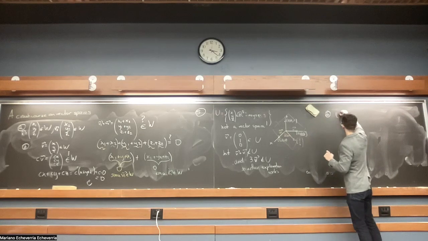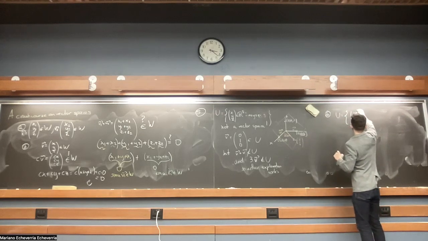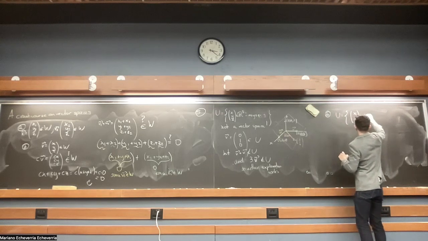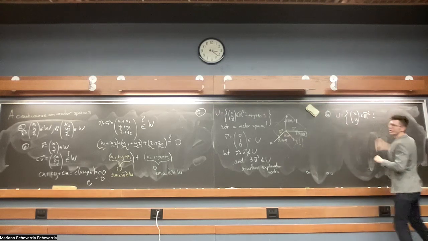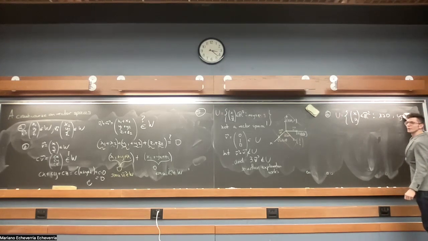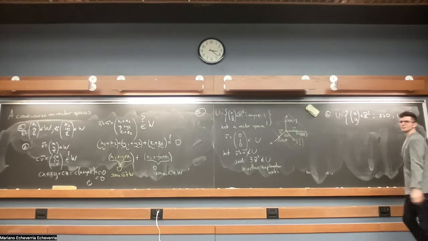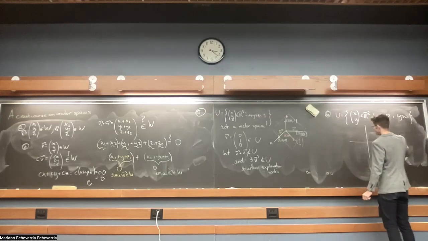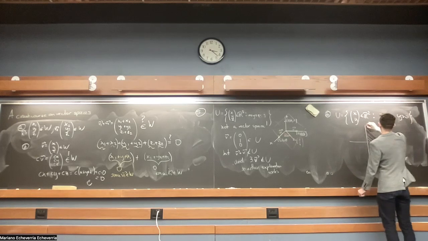Imagine I had taken U to be the points on the XY plane where x is greater or equal to 0 and y is greater or equal to 0. How does U look in this case? It looks like the first quadrant, right?